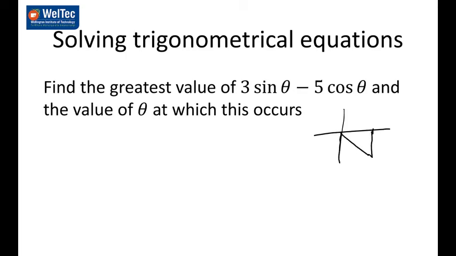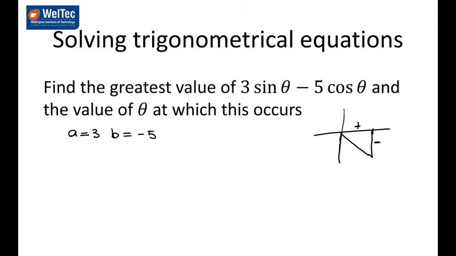So we're looking at a triangle in there. That means it must be in quadrant 4, that if this is negative and this is positive, then it must be in quadrant 4. Okay, so A is equal to 3, B is equal to -5.